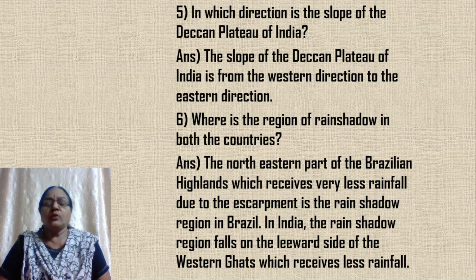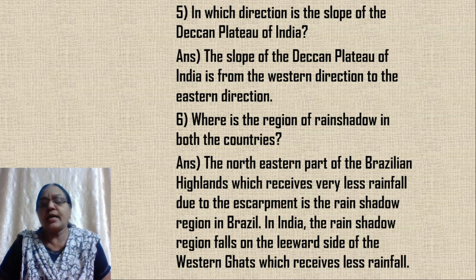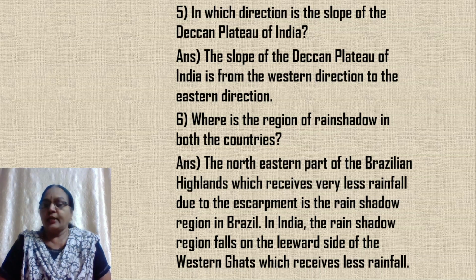The Deccan Plateau of India slopes from the western direction to the eastern direction, and of course you'll remember that because of the slope of the Deccan Plateau, many of the rivers which rise on the eastern part of the Western Ghats open into the Bay of Bengal. It is because of the slope of the Deccan Plateau.